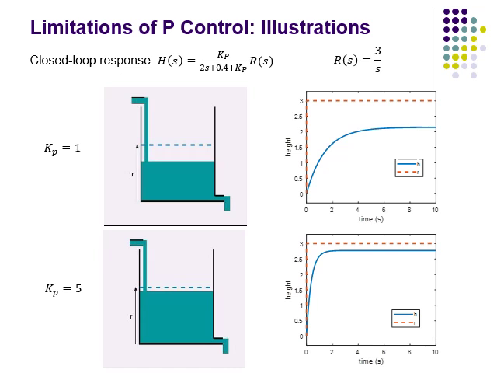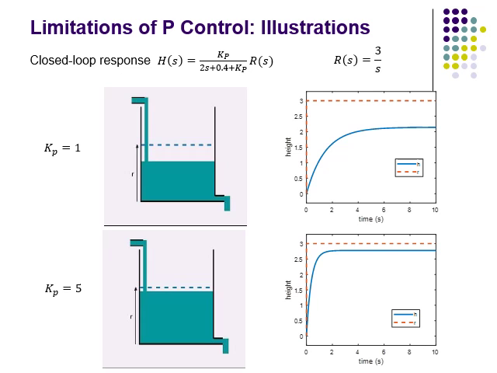So the height increases more quickly, and the second main difference is that the steady state error is reduced. So we can see that with P-control we can influence the speed of response, but we can also influence the size of steady-state error.